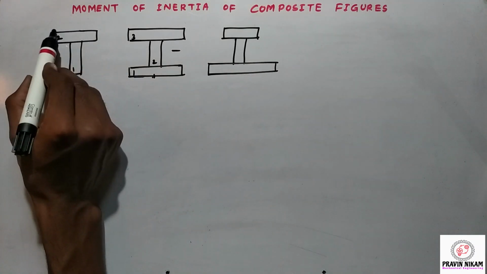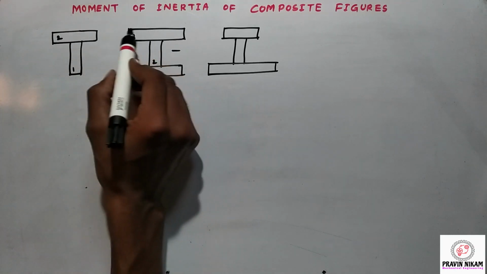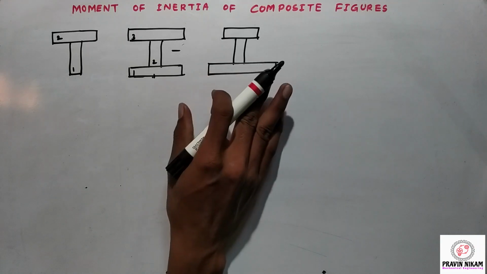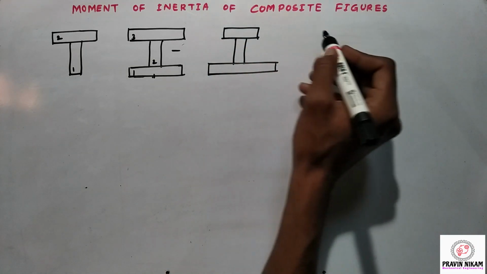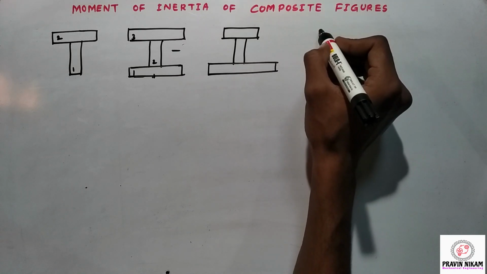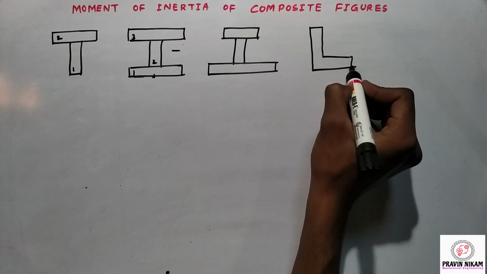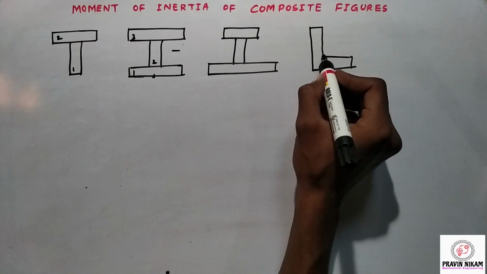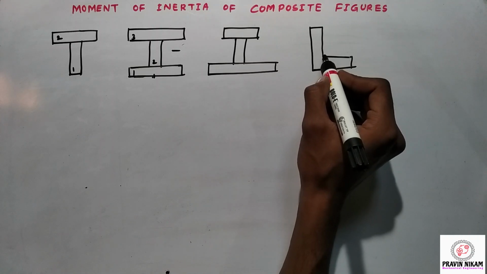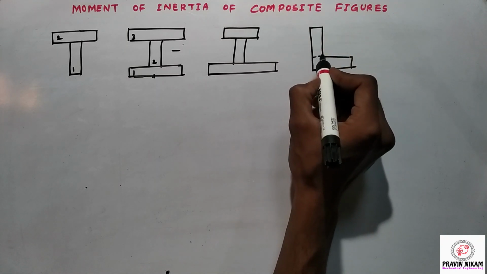Now this is called as flange and this is called as web. So horizontals are flanges and vertical is known as web. Now also this is one of the sections. This is called as L section or angle section. Now you can split up this section into 2 sections like this or like this.